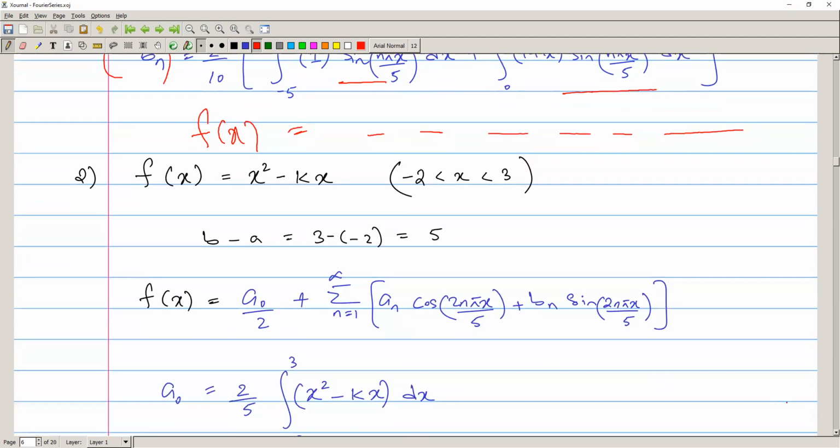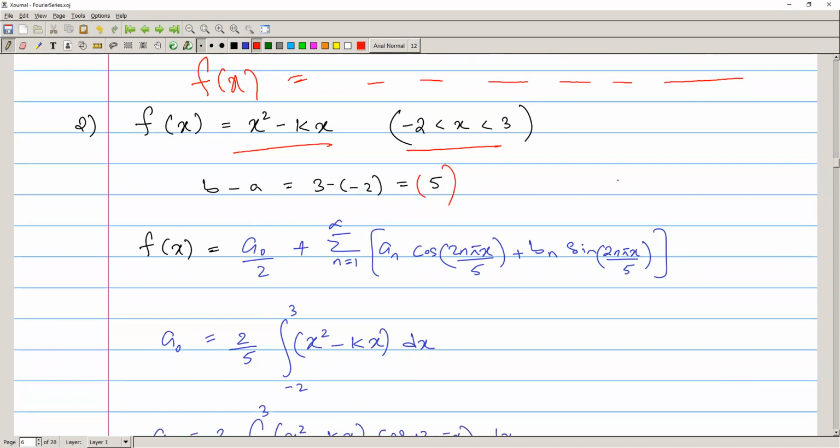Now in this question, you can see that it's x squared minus kx, limits from -2 to 3. It's a general interval, right? So similarly, b minus a is equal to 5. So similarly, cos 2n pi x over 5 and sine 2n pi x over 5, right? So here it's like that.